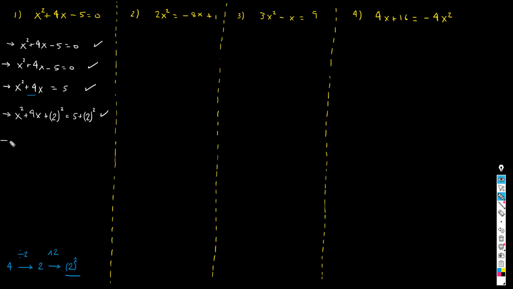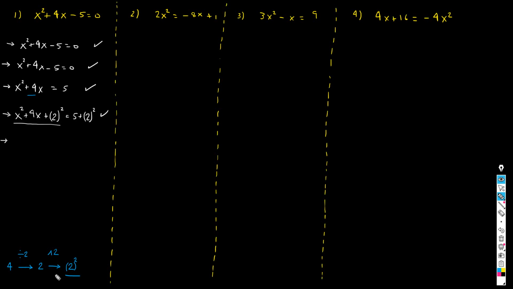Okay, then what? Okay, this is another tricky step. At this point, guys, you are gonna write all of this trinomial as a binomial to the square.